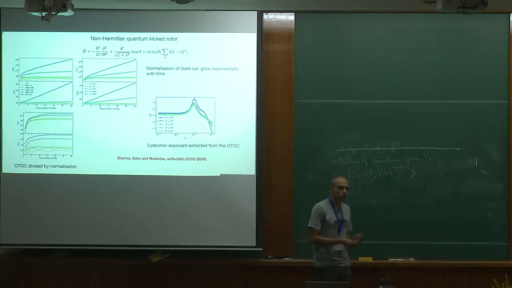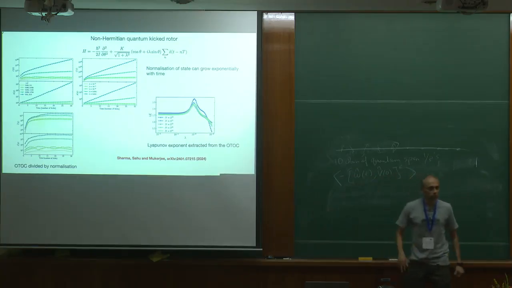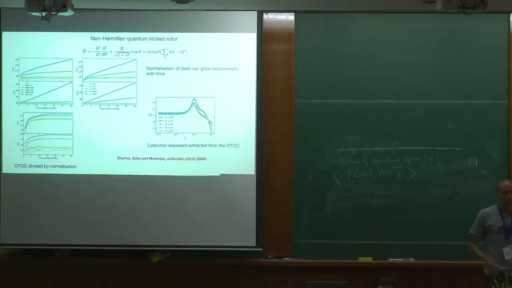And you can ask, for this system, which is an extended system of spins, what would be appropriate choices for these operators W and V in order to investigate chaos in this system? For the kicked rotor, because it had 1 degree of freedom, the simplest thing to do was to choose these to be the canonical variables. But what happens now?